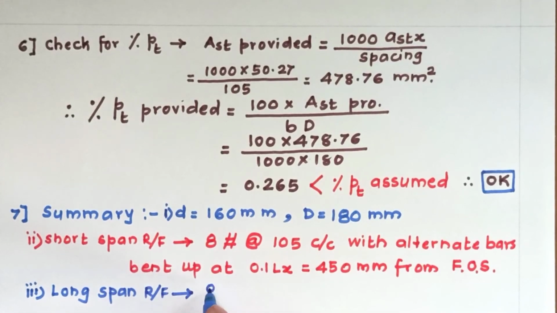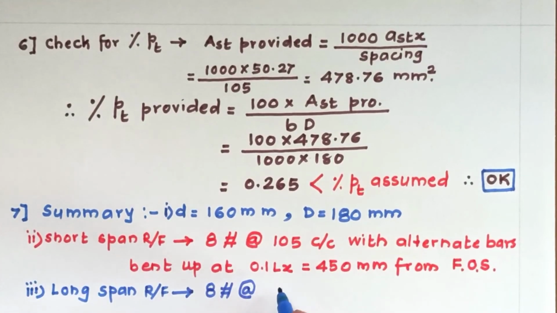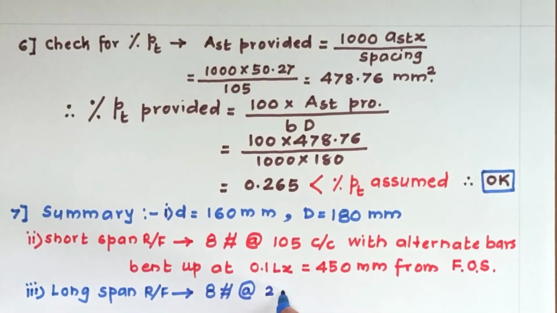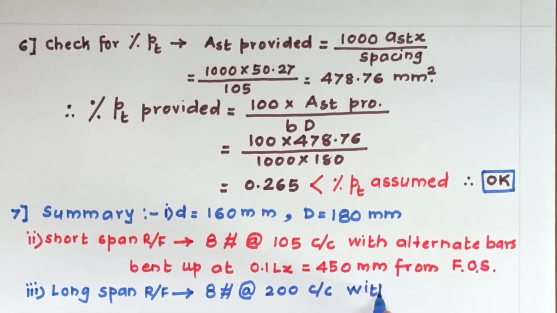It is also 8 torr at 200 mm center to center with alternate bars.